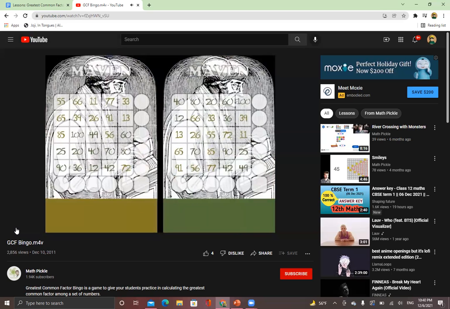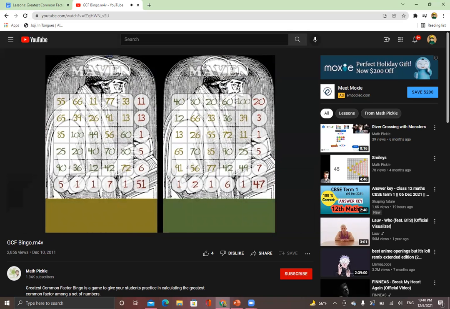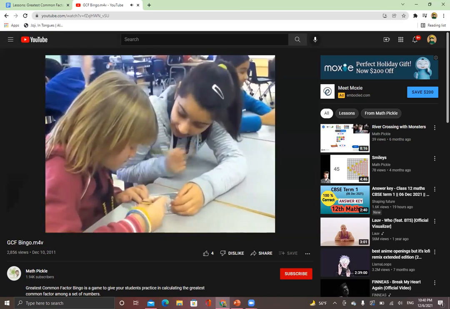To score, you look at each row and each column and you calculate the greatest common factor. Write that in the little circle. Then add together all 10 of those circles to get the total score for your game. You win if that's greater than your opponent's.